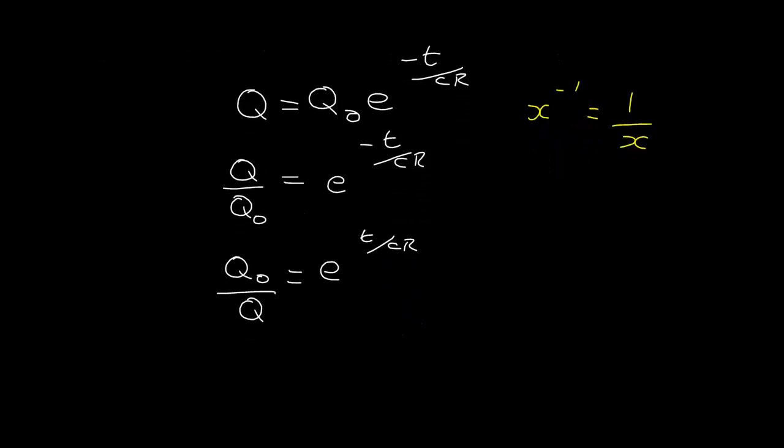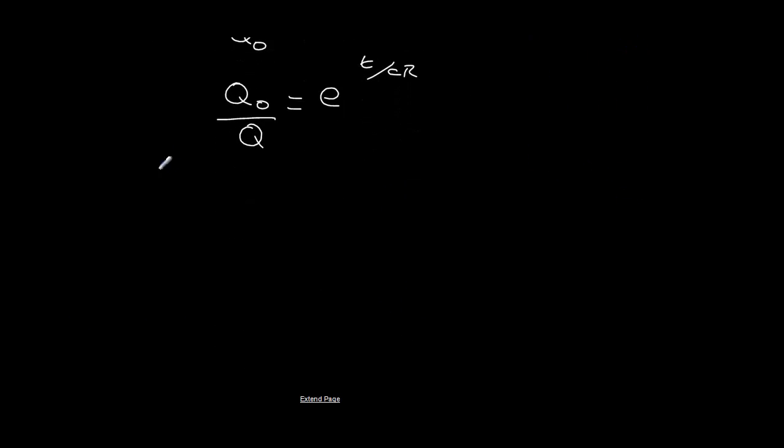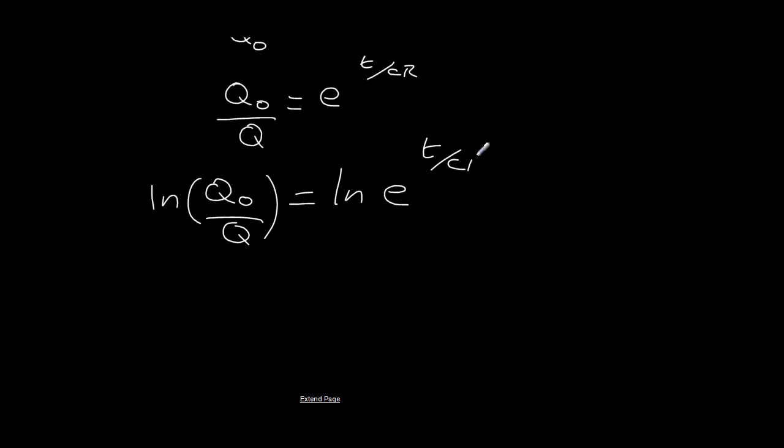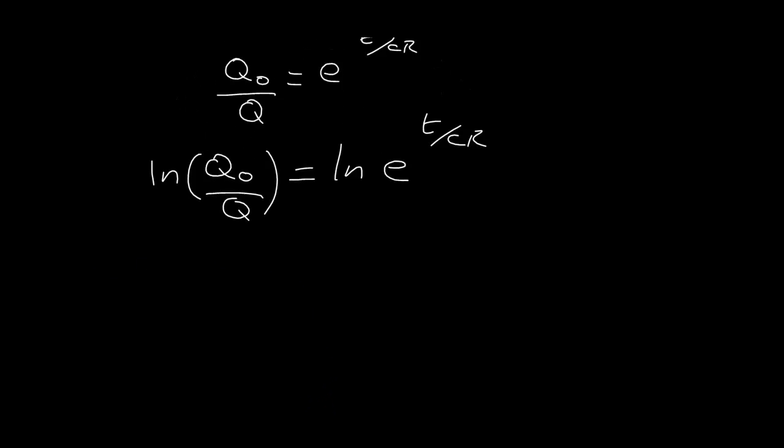Right, now we're going to take logarithms. So if we take the natural logarithm of Q naught over Q, that's going to equal the natural logarithm of e to the t over CR. So if I just extend the page, and let's go back up.